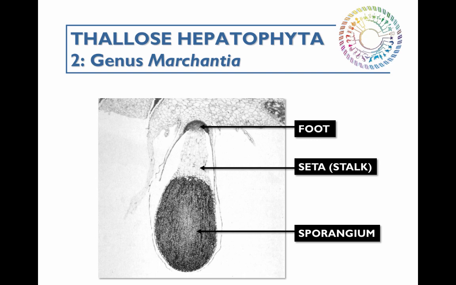The reason why the archegoniophore is elevated is because this sporangium, with its spores, will develop where the archegonium was. So the archegoniophore is holding the sporangia up high, and of course that enables better dispersal of the spores from the sporangium.